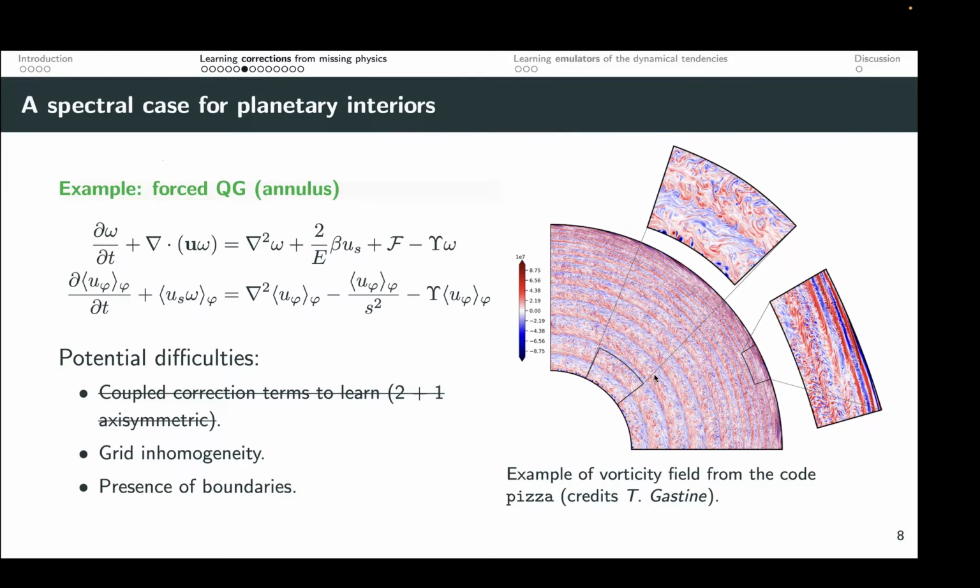This is an example from a code by people at IPGP. And what we did is that we tried to apply the same approach on this code. So we implemented a new differentiable code that is also spectral. It's a spectral code in the azimuthal, but also in the radial direction.